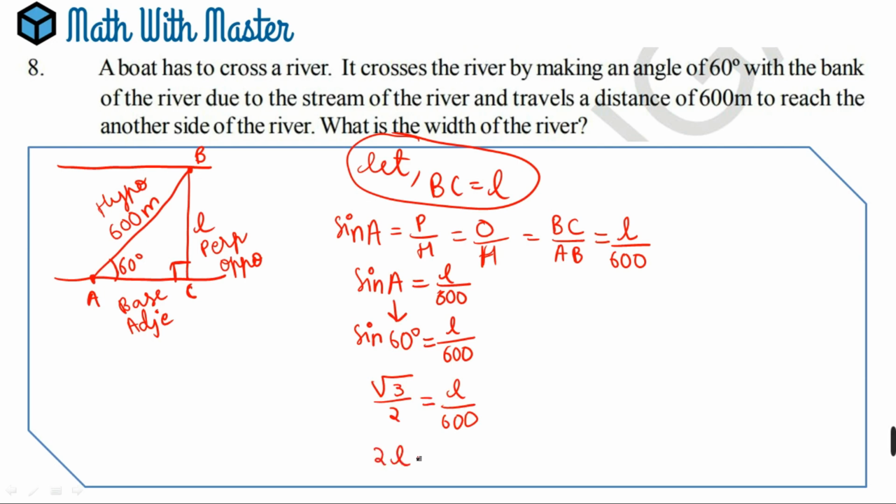So 2L is equals to 600 into root 3, and then after this the value of L will come 300 into root 3 meters. This is the actual width of the river.